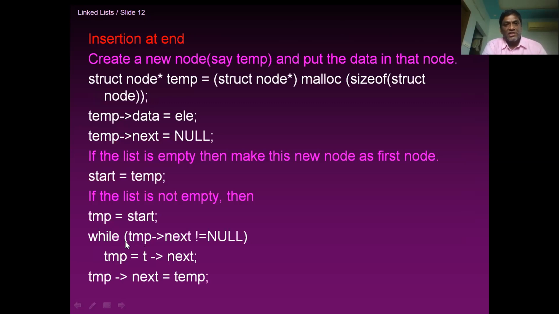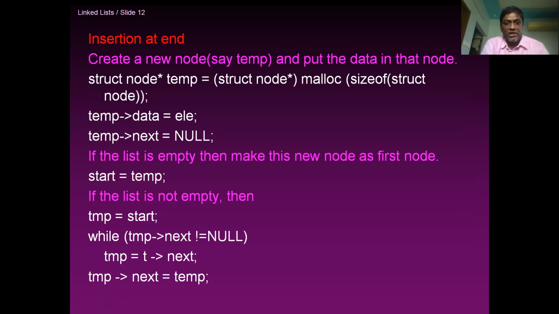What is the condition it is checking? While TMP next not equals to null, we are checking whether its pointer is null or not. If TMP next is not equal to null, then we move that pointer: TMP is equal to TMP next.